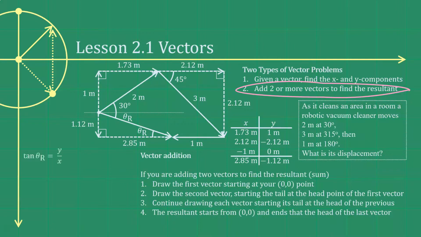So I'm going to be looking for that angle theta r, the theta for my resultant. And I'm just going to note that the tangent of that theta r is y over x, opposite over adjacent. Okay, and I know my opposite value is 1.12, and my adjacent value is 2.85. And when I divide those two, I get 0.393.